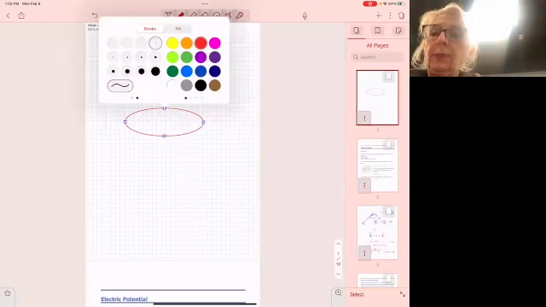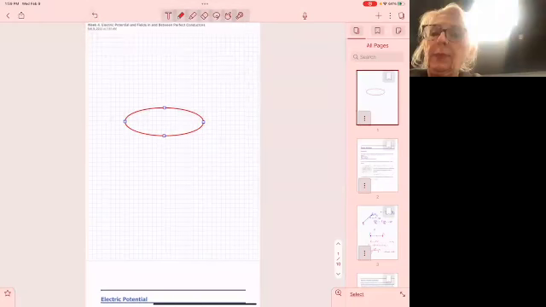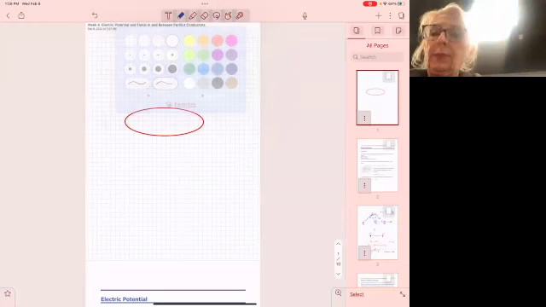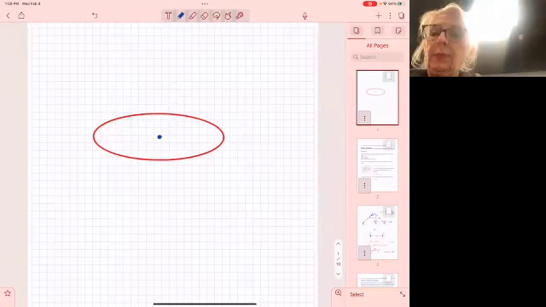And I would like to find the field on this one at the center, first of all, here at point B. And then if this is the z direction, I would like to find it along the z direction as I move away.